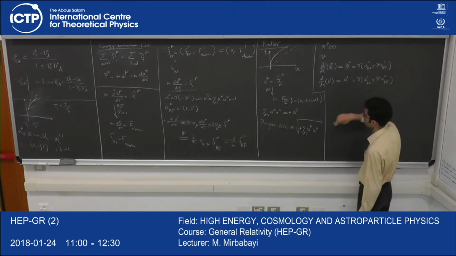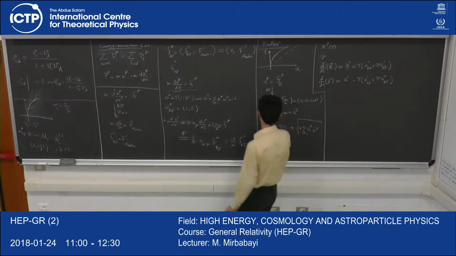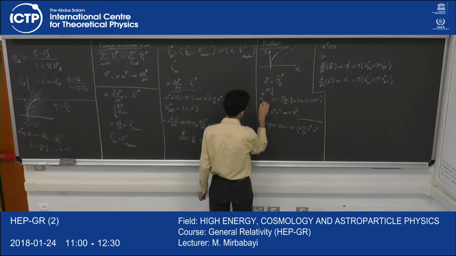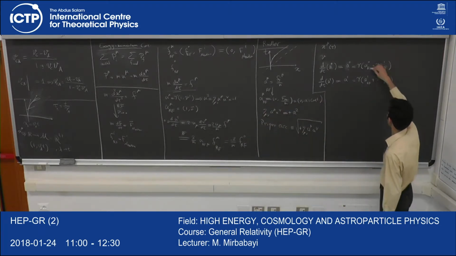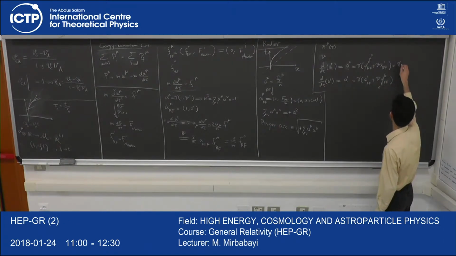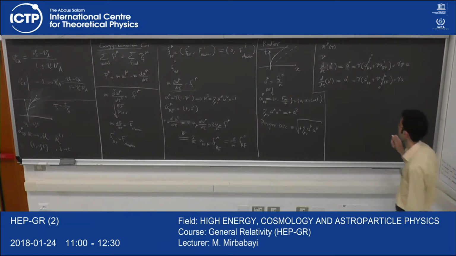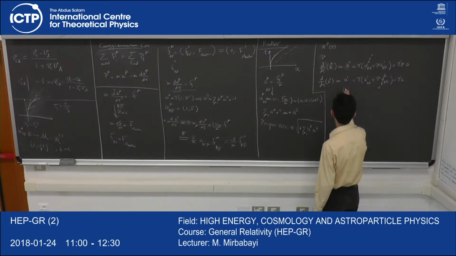So in the rest frame, a mu in the rest frame, this term is 0, this is 0, this is going to be gamma v times a, the proper acceleration, and this is going to be gamma a. And on the left-hand side, I have d by d tau of gamma equals gamma v a.